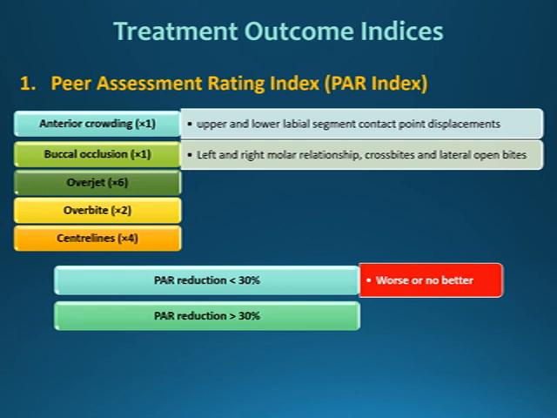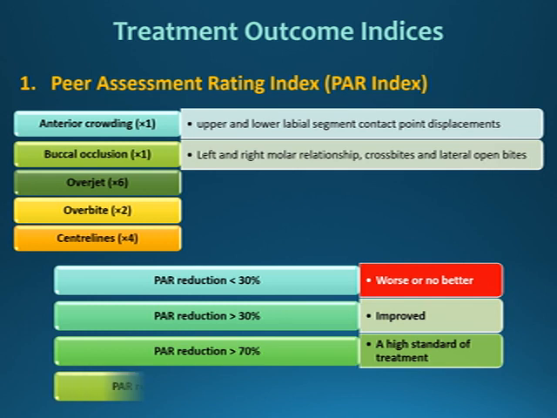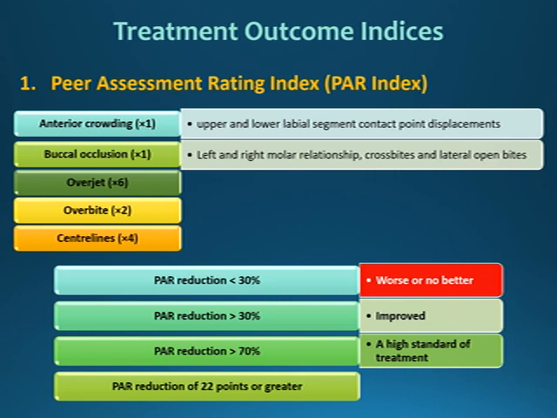If the PAR reduction was greater than 30%, that means we have an improvement in the case according to the treatment. If the PAR reduction was greater than 70%, we have a high standard of treatment, and if the PAR reduction was 22 points or greater, that means we have a great improvement in the case due to treatment.